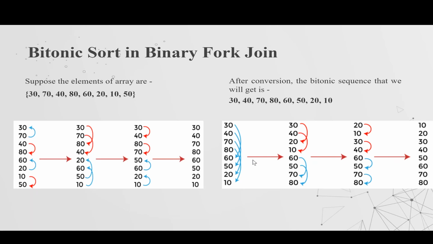In this, we swap the elements if any element in the second half is smaller. After that, we got the elements in the first half smaller than the elements in the second half. Then again, we get 2 sequences of n by 2 each, and we recursively repeat these steps on every sequence until we get the single sorted sequence.